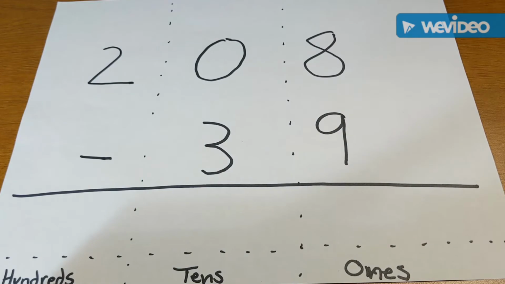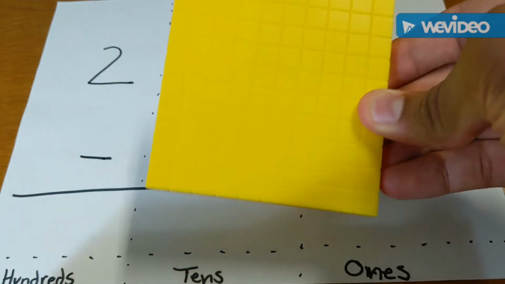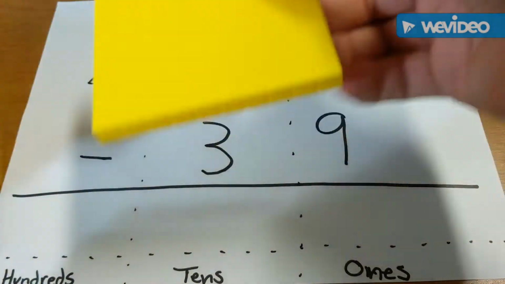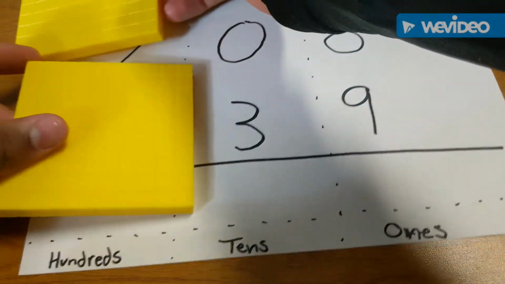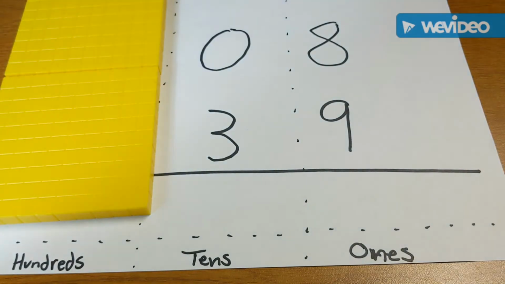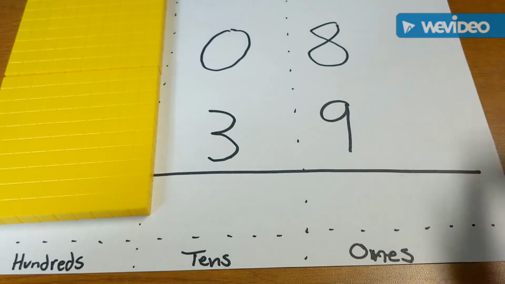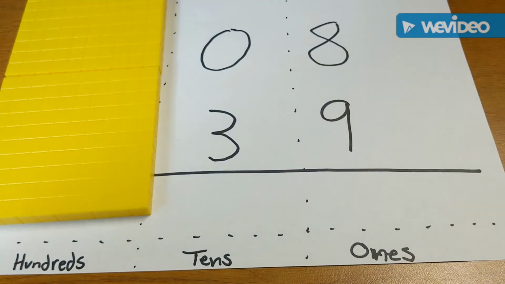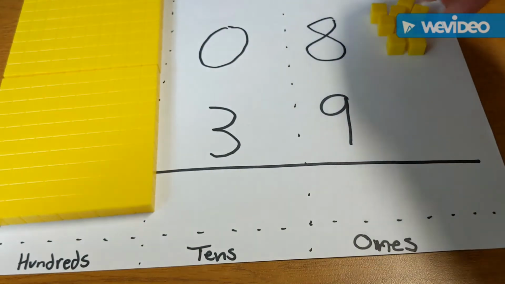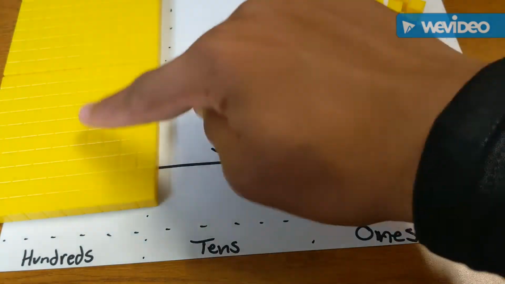As you recall, these are worth 100, so we can put two of these plates to represent 200. These units are considered as one, so it's in the ones place. So we can put 8 of these to represent 8 units, making it 208.